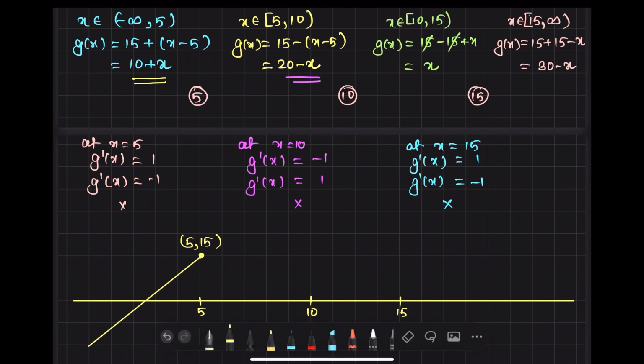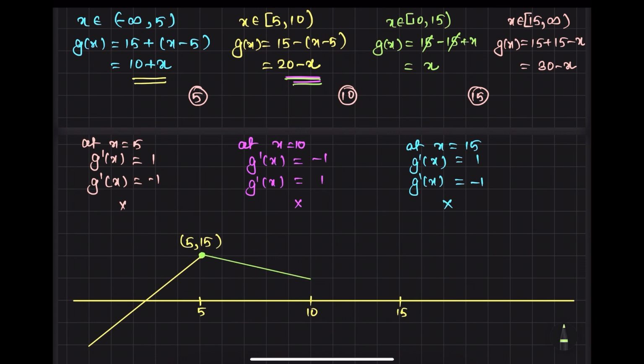Now from 5 to 10 we have to draw this graph. At 5 it is 15, so it will start from here only. At 10 it is 10, so it is below that one. Suppose this point, so it is 10 comma 10. Now we have the next function.